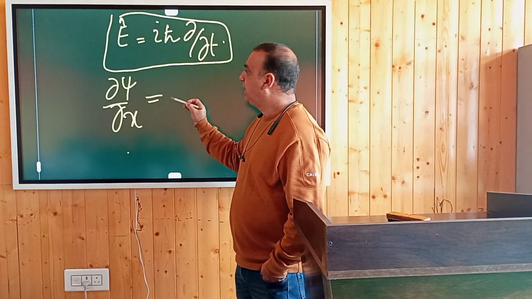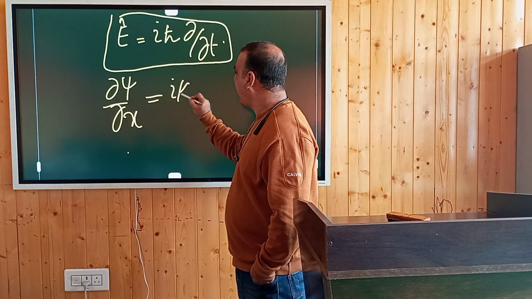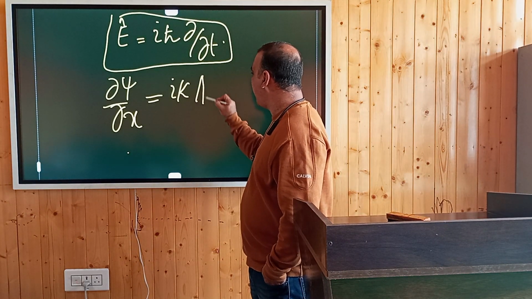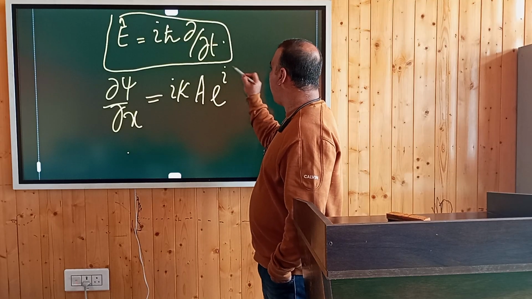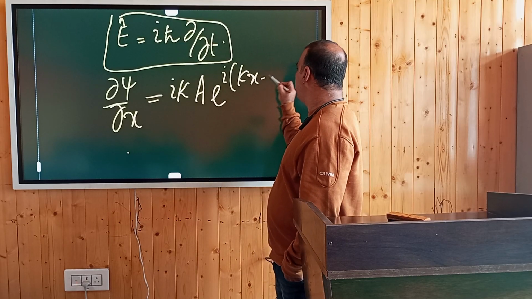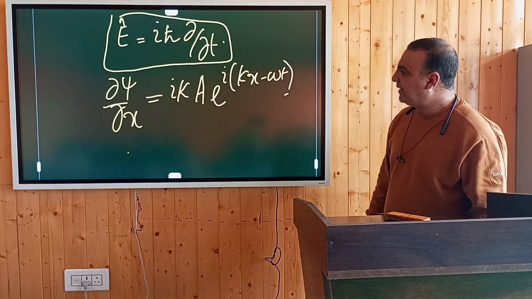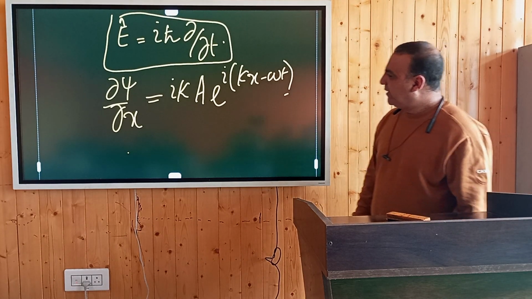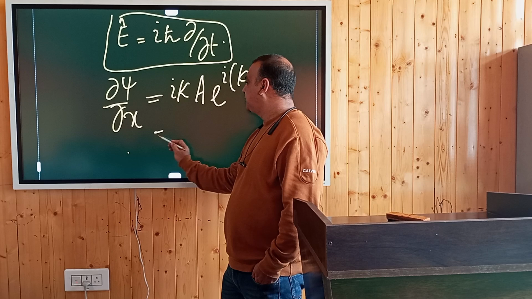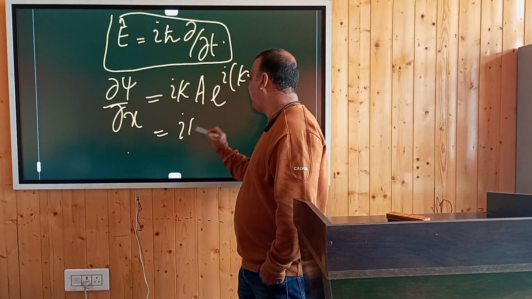It is iota k, and then A e to the power of i (kx minus omega t). Right? Fine? Okay. So this must be equal to i k psi.